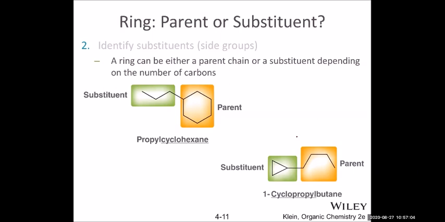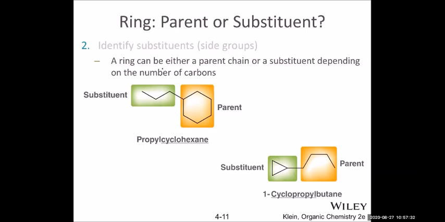If the ring exists in the structure, it depends on whether the ring or the non-ring structure has more atoms. If the ring has more atoms, the ring will be the parent. But if the non-ring section is longer, with more carbon atoms than the ring, then the longest non-ring structure will be the parent.